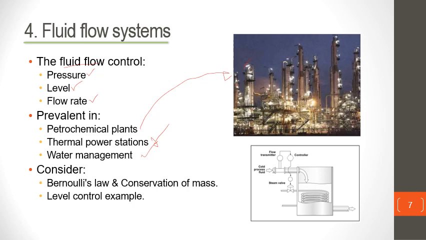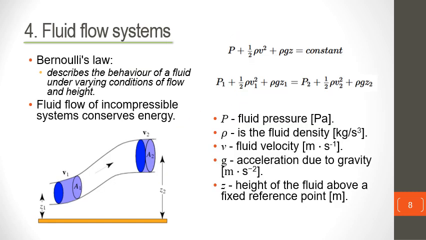Now, as a preliminary to understanding the control and modeling of fluid flow, we will first look at Bernoulli's law, the conservation of mass, and then we'll move on to a level control example, just to demonstrate how these two laws can be applied to create a model for a fluid flow system.